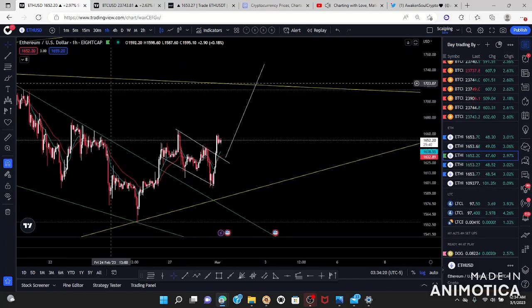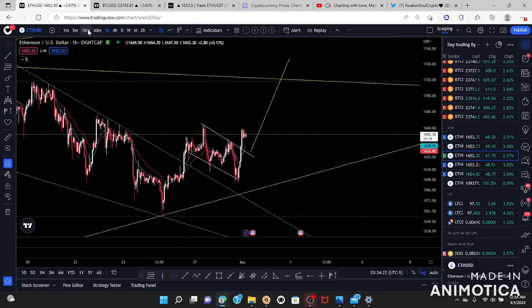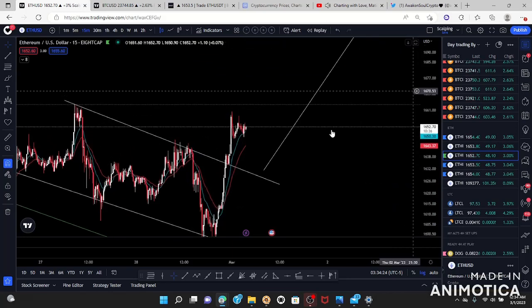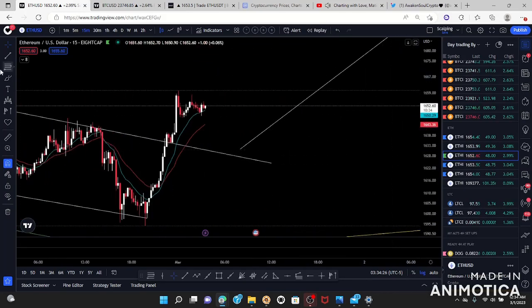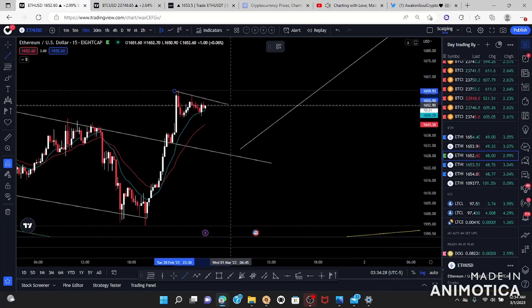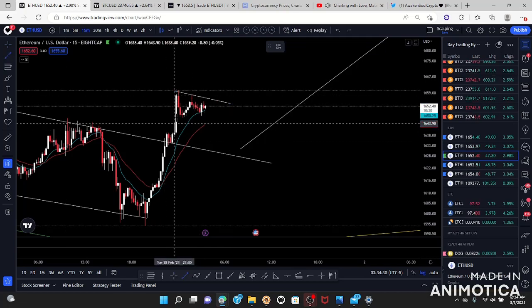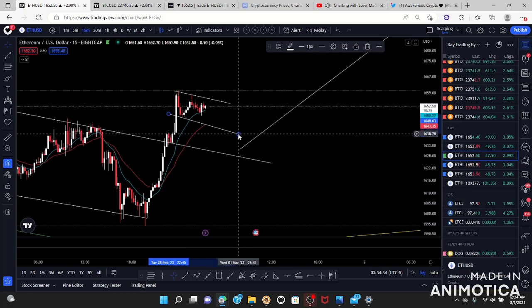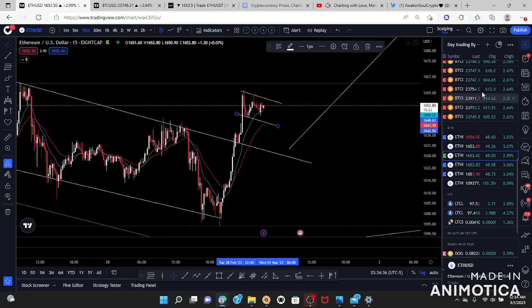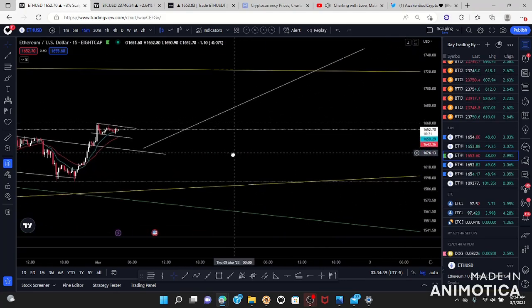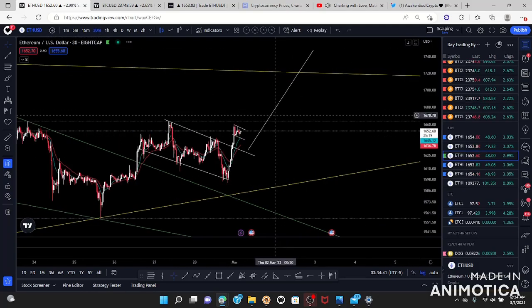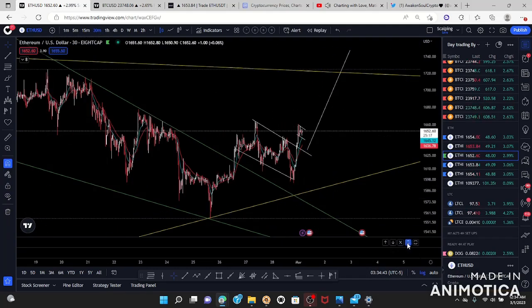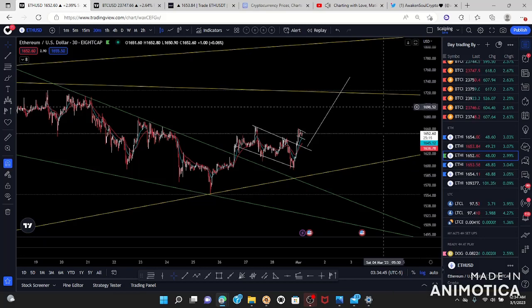Right now we're creating a tiny bull flag. If you go into the 15 minutes, something to consider. No financial advice, but there you go. There's no need to rush into the chart, especially when a move is coming like this. It's pretty bullish, no questions asked.